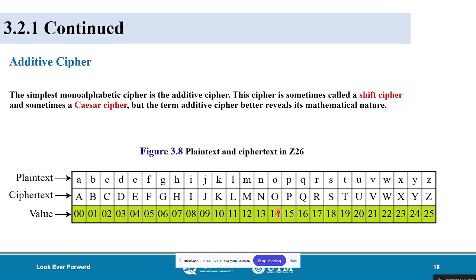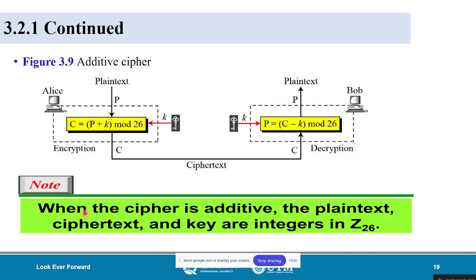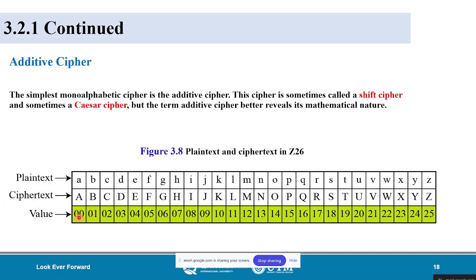And what about O? 14. Now let's take a look. Yeah, 7, 4, 11, 11, and 14. That's why I said you have to be aware that in cryptography we start from 0. Otherwise, you would have said that the E is 5. That would not be true.